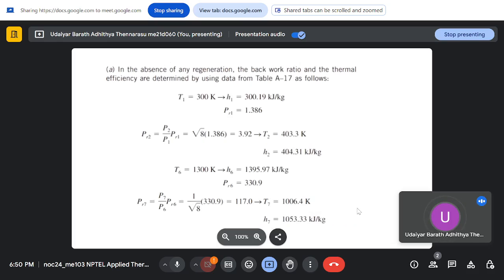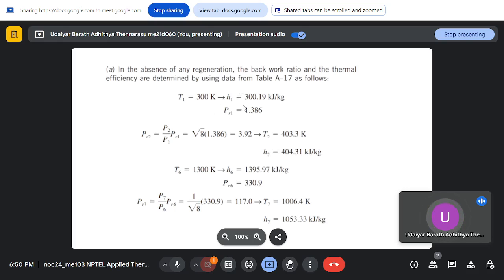So first case, when there is no regenerator employed, we have to calculate the back work ratio and thermal efficiency. First, what is known at the inlet of the compressor: temperature is 300 Kelvin, the corresponding enthalpy is 300.19 kJ per kg, and the Pr value from the table is 1.386.